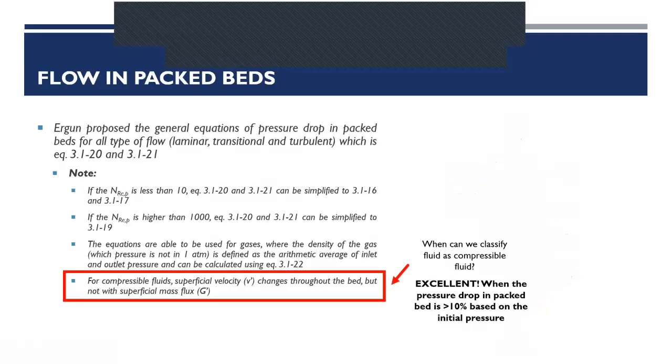So it's similar to what we have learned in chapter 2. A compressible fluid is when a fluid has a change in pressure by more than 10%. However, if it's less than 10%, we can say that it is incompressible fluid.